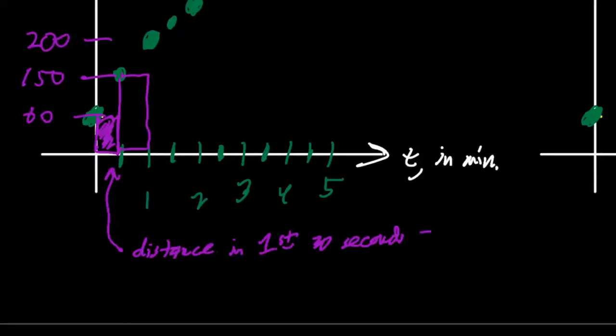It would be 60 feet per minute times 1/2 a minute, so that would be 30 feet.